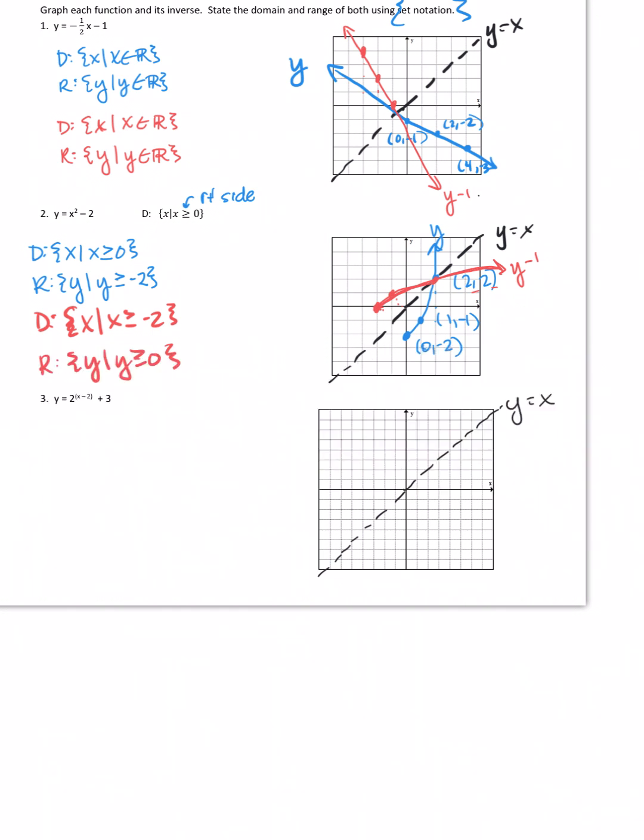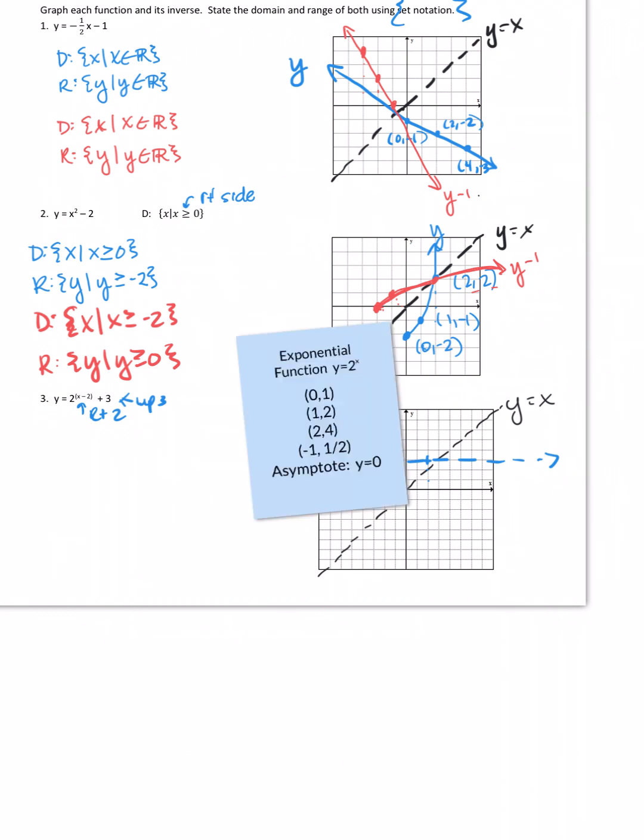So look at this. Look what's happening to this, all right? So this is going to be moving what? Right 2 and up 3. So I'm going to move my origin, right 2, up 3, 1, 2, 3. And this is where my asymptote will fall for my exponential. And then remember with exponentials, we do this.